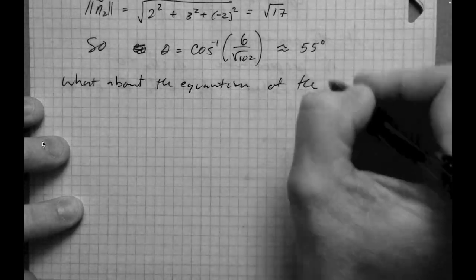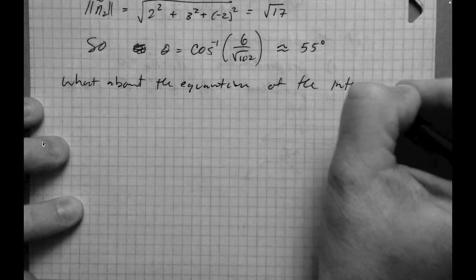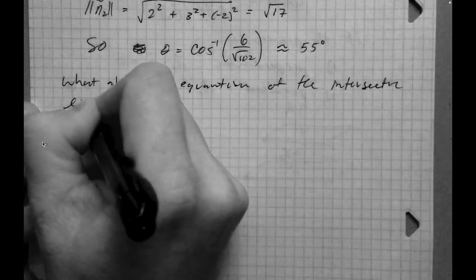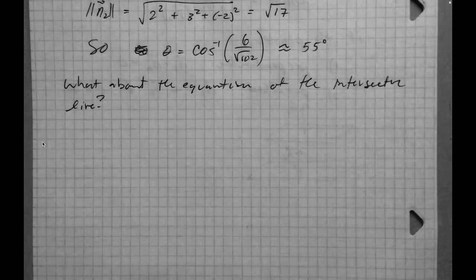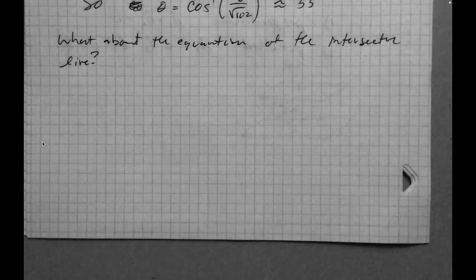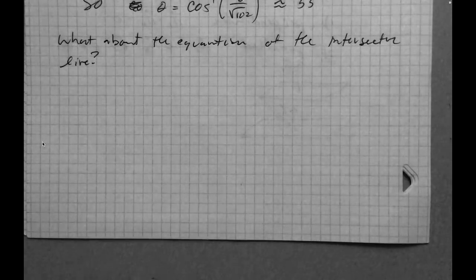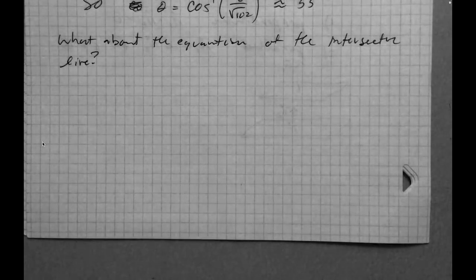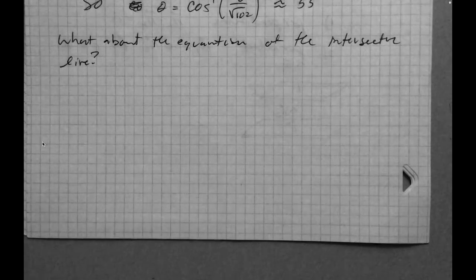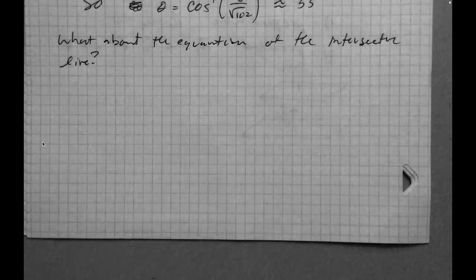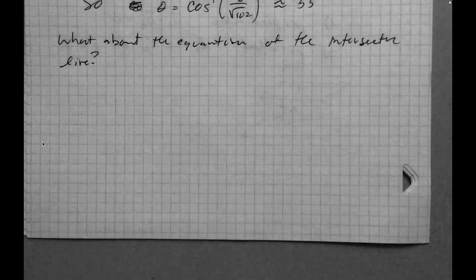Well, you know from just regular two-dimensional algebra that if you want to know the point where two lines intersect, you have to set the equations equal to each other and solve them simultaneously, basically, right? And so it's going to be similar here. You've got the equations of the planes. You're going to have to somehow solve them simultaneously.